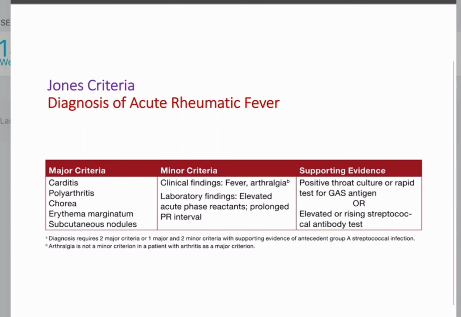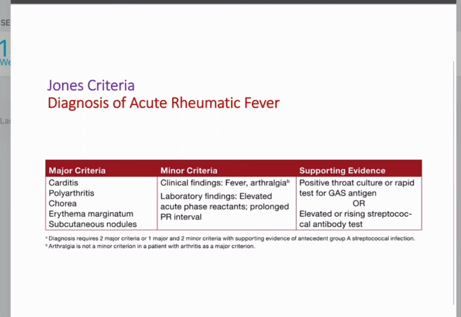It is nothing but some unexplained painless swelling beneath the skin. So subcutaneous nodules can be there. They all are part of the major criteria. So if two of them are present, that means the patient is having acute rheumatic fever, or if one of these and two from the minor criteria, that means fever or arthralgia or lab finding in terms of acute phase reactants.